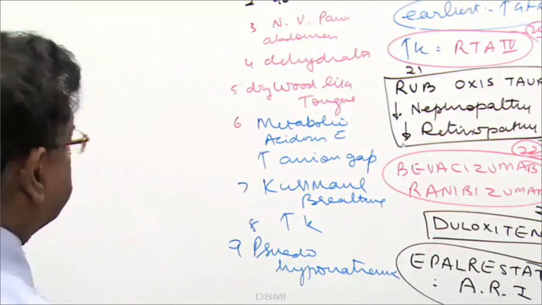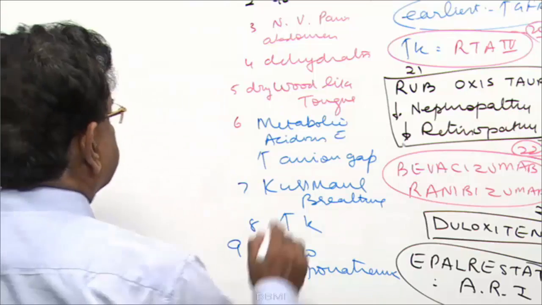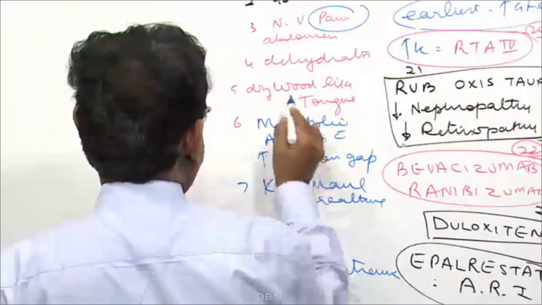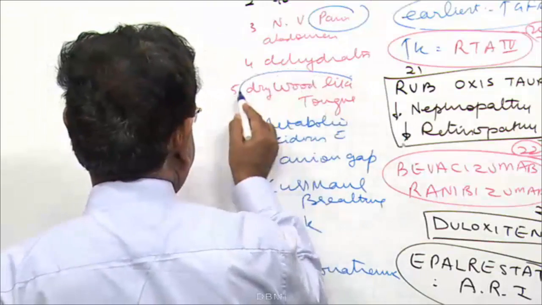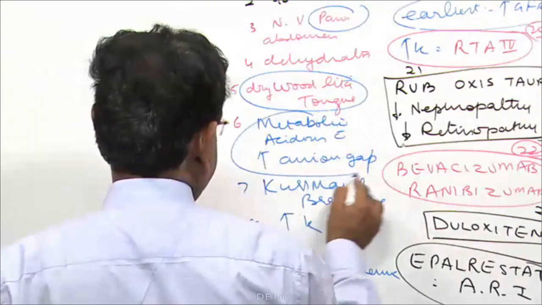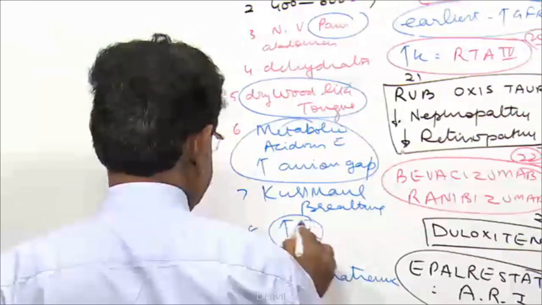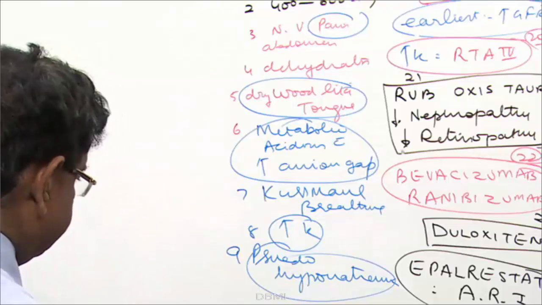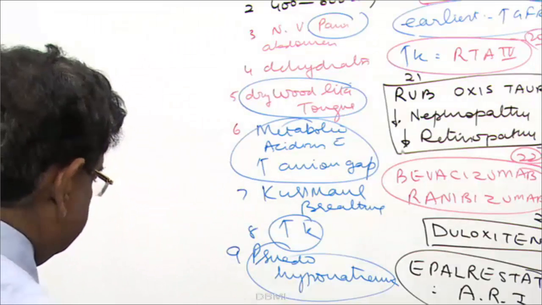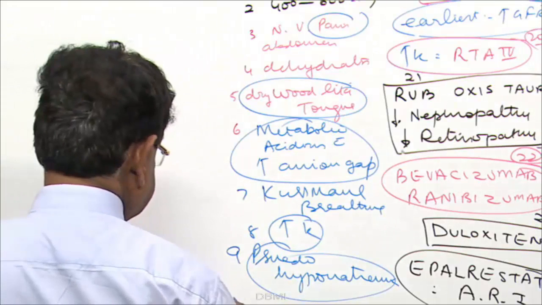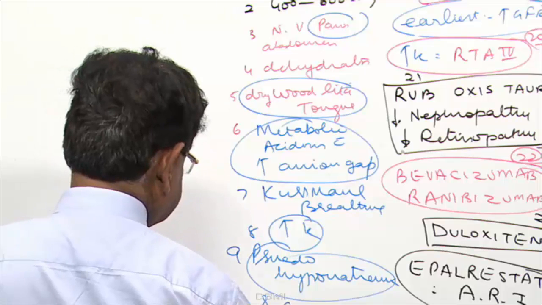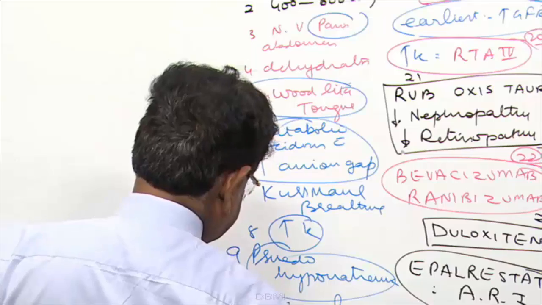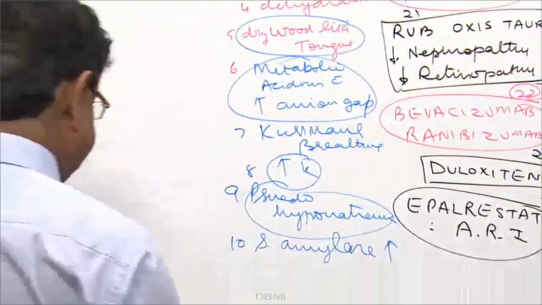Every line is a question. Especially circle dry tongue, pseudo hyponatremia. Okay. Serum amylase level is also increased. Serum amylase level is increased.